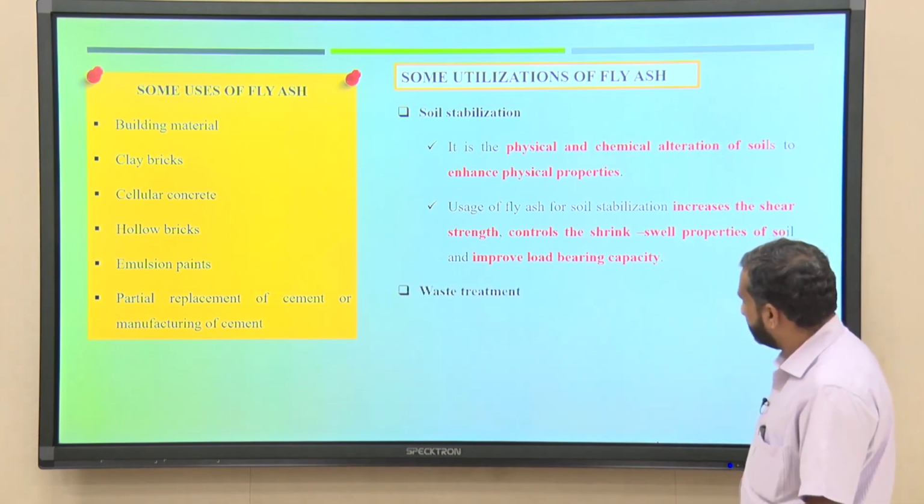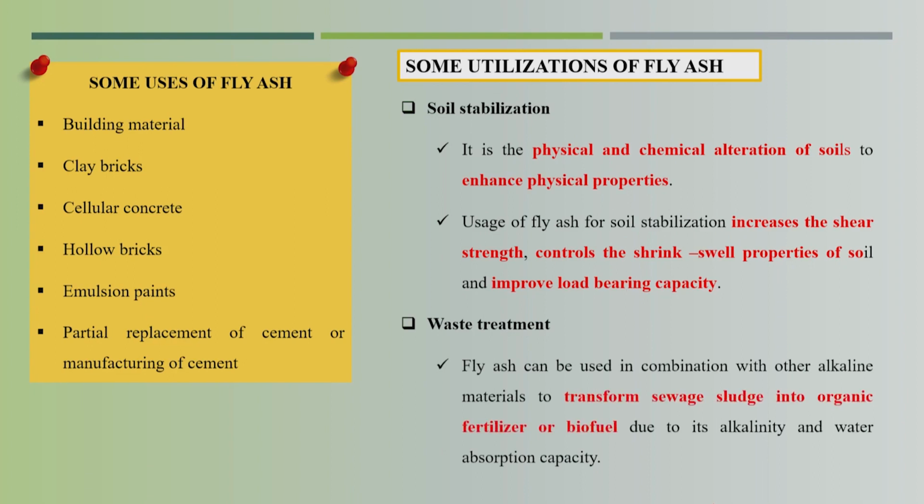So, another utilization is for waste treatment. The fly ash can be used in combination with other alkaline material to transform sewage sludge into organic fertilizer or biofuel, due to its alkalinity and water absorption capacity.